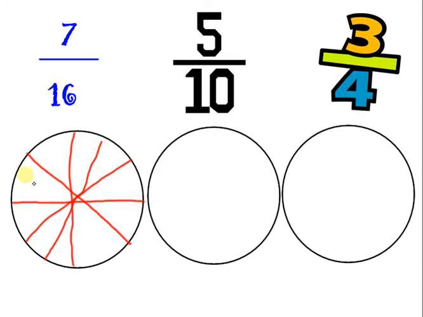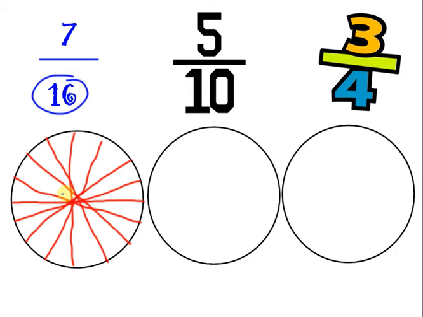It's a little rough. Okay, so I think that gives me 16. 1, 2, 3, 4, 5, 6, 7, 8, and then it'll repeat on the other side. Okay, so my whole is 16, and that's what I've separated the parts into.